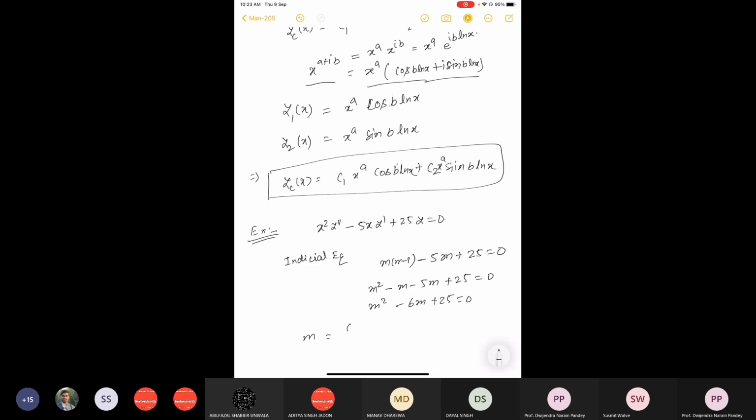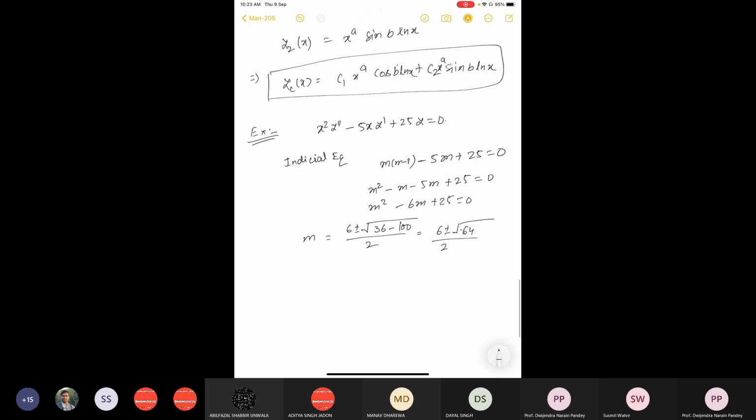So m equal to 6 plus minus square root of 36 minus 100, upon 2. So it is like 6 plus minus square root of 64 i, so 8i. So it is 3 plus minus 4i.